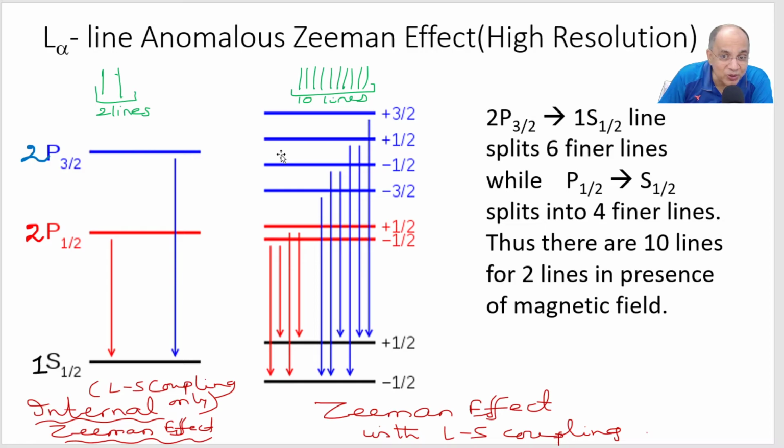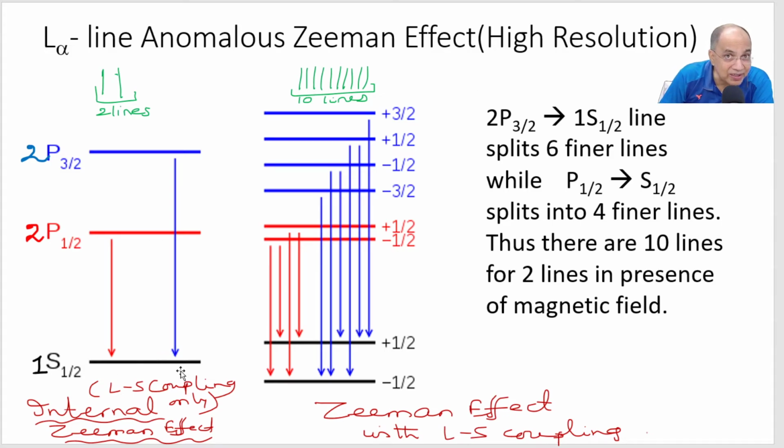Now P 3/2 will be split into 4 non-degenerate quantum states: plus 3/2, plus half, minus half, minus 3/2. And then this P 1/2 will be split into 2 energy levels, plus half and minus half. So this P subshell, which had only 2 states, now has 4 plus 2, 6 states.